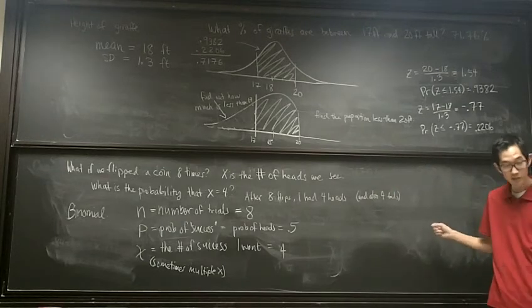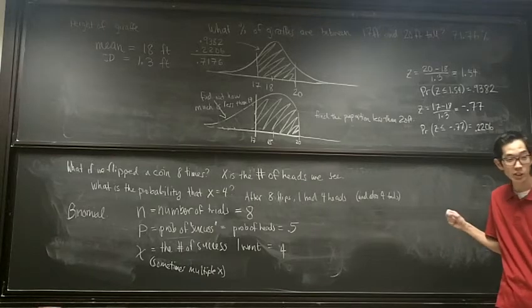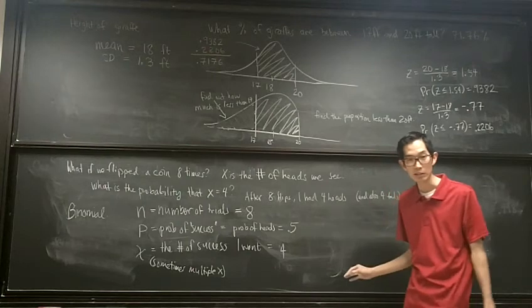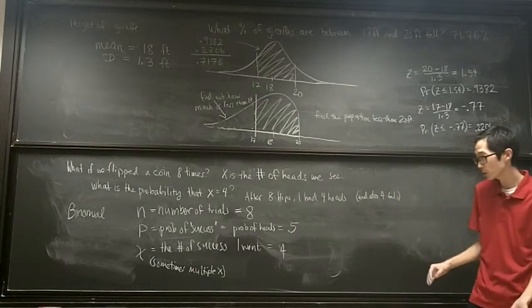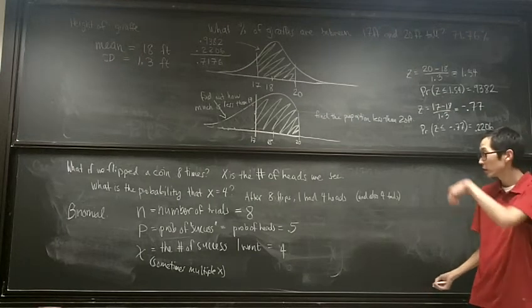I think the hardest part of the binomial is identifying a situation that's a binomial problem and then figuring out your n, p, and x. Once you figure out n, p, and x, everything else is easy because all you do is use a table.